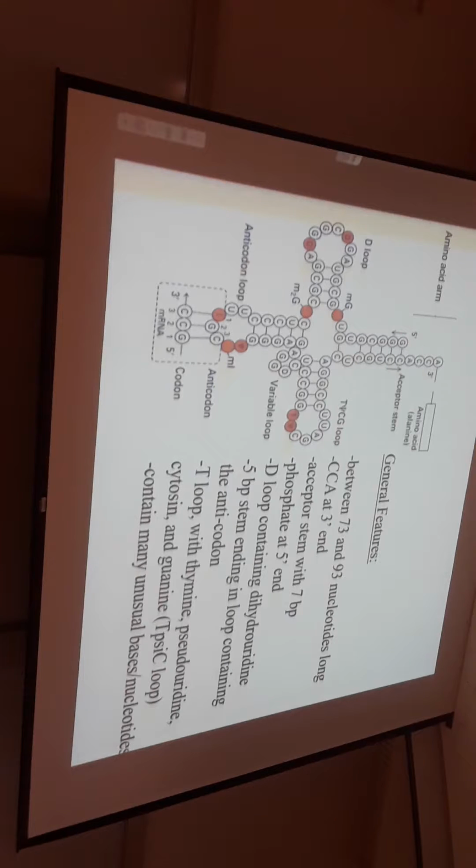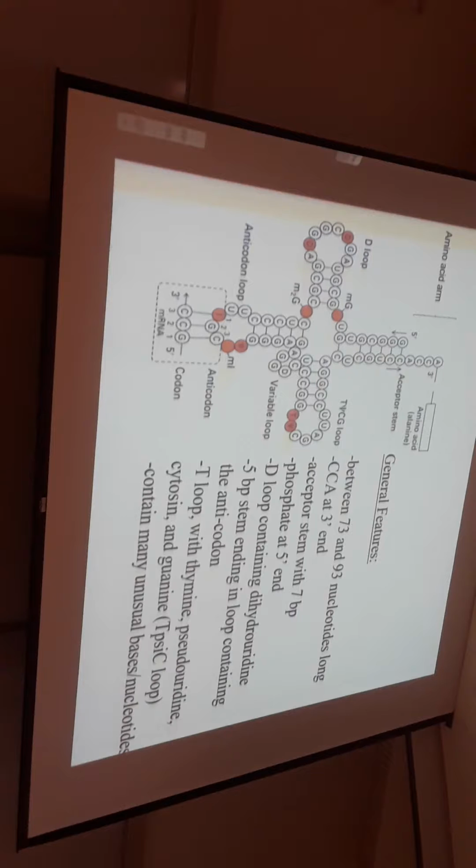So we have a single-stranded molecule with a 5' end here, which is phosphorylated, and a 3' end. We also see quite a bit of self-complementarity, which forms this stem loop structure.